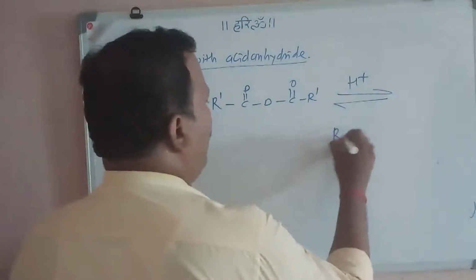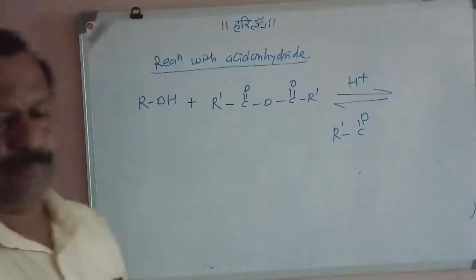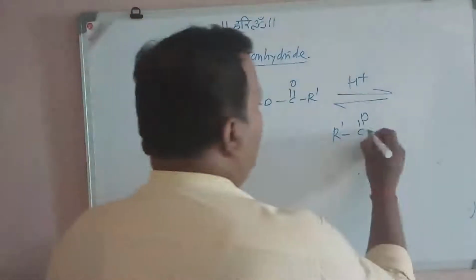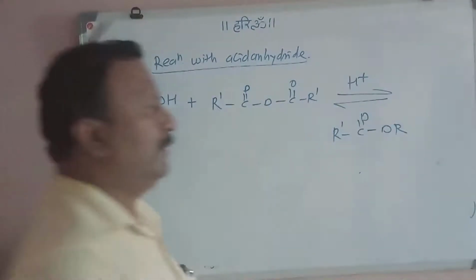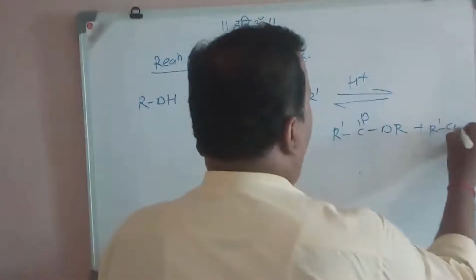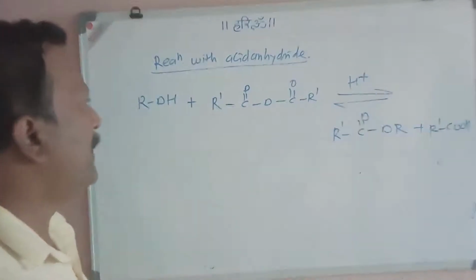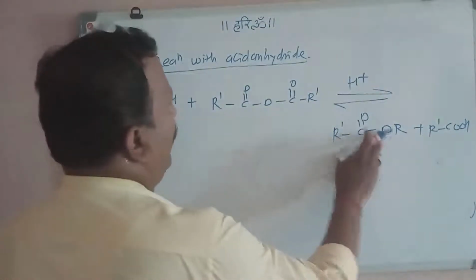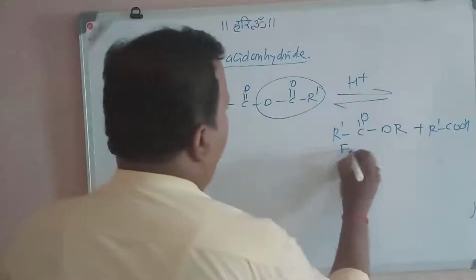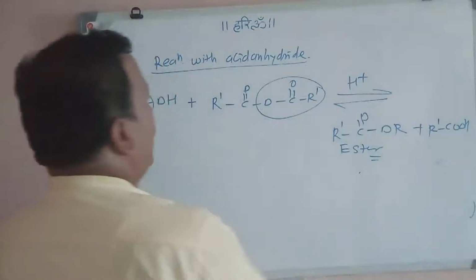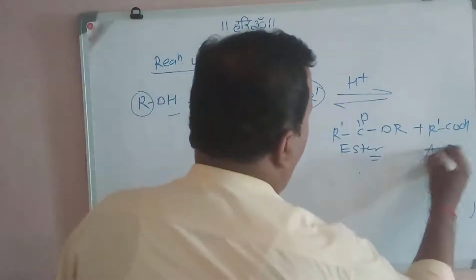Okay, so here we got R C double bond O, or R dash C double bond O R, plus a second compound, RCOOH. समझो रिएक्शन काय झालं की R C double bond O R C double bond O आणि हा R. Okay, so the corresponding ester and the corresponding acid, RCOOH. So we got the corresponding carboxylic acid.